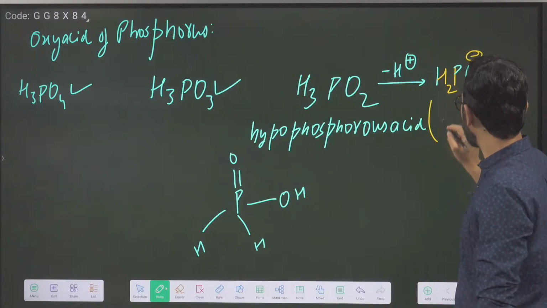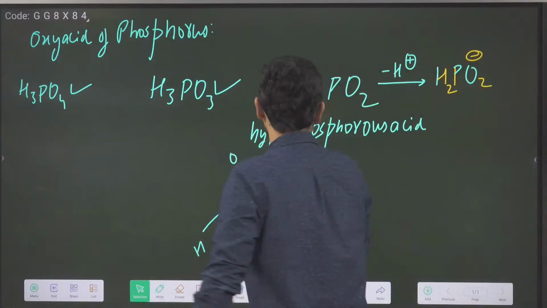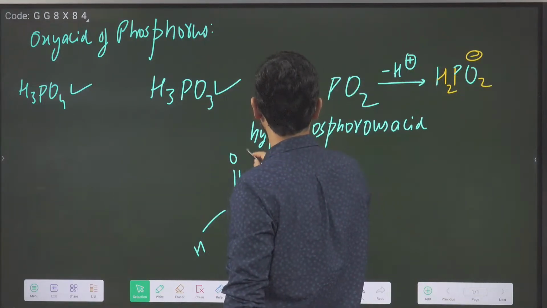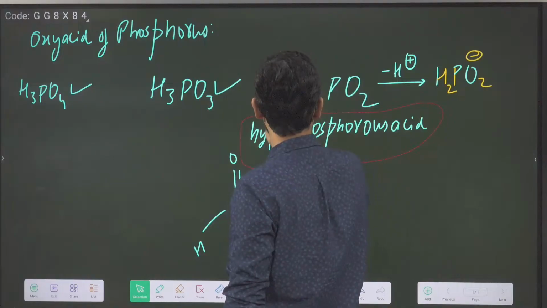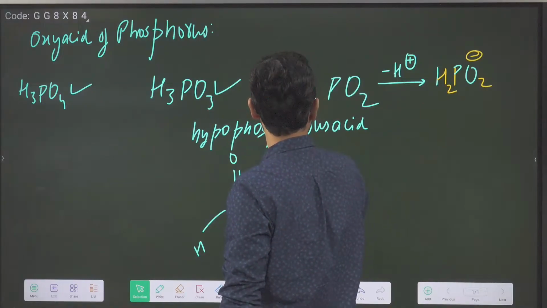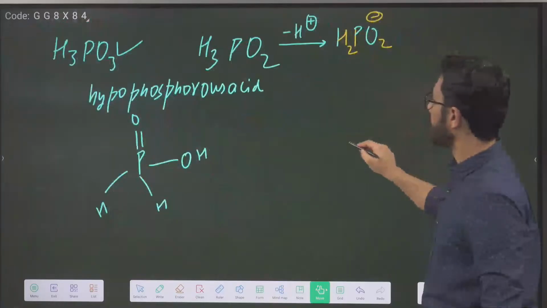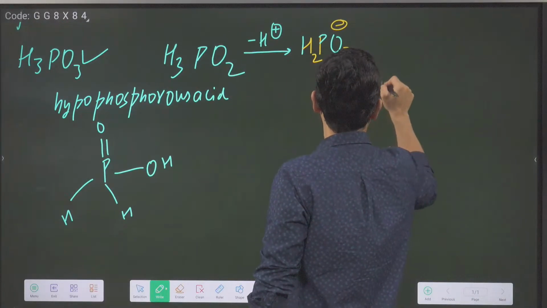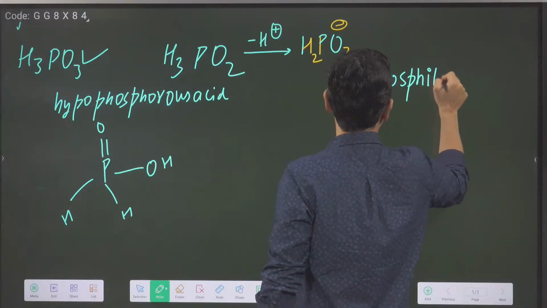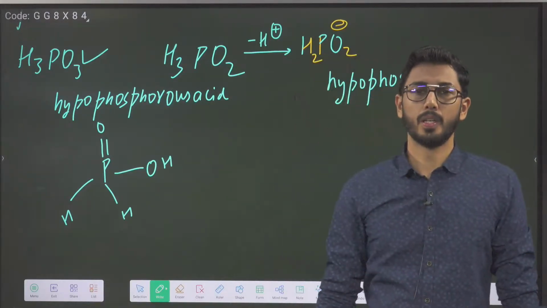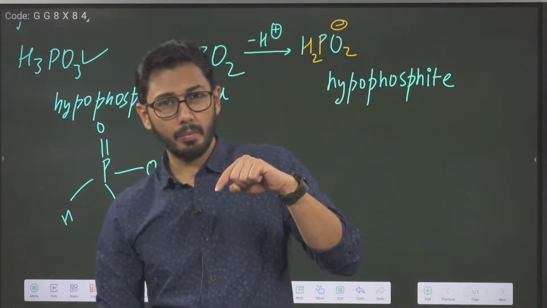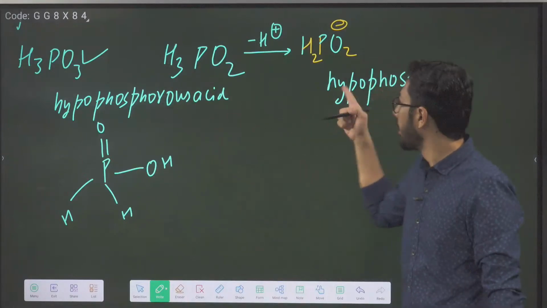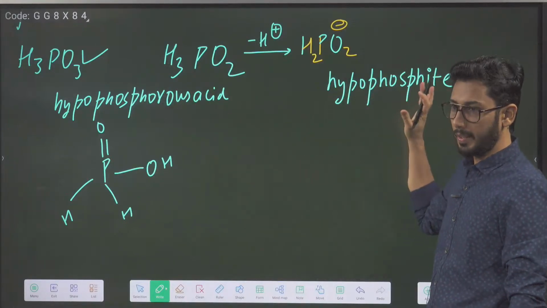You will say its name becomes hypophosphite. Clear? Why is it ite at the end? Because it is derived from which acid? An -ous acid. So what's the name of that -ous acid? Hypophosphorus acid. You will say it is hypophosphite.